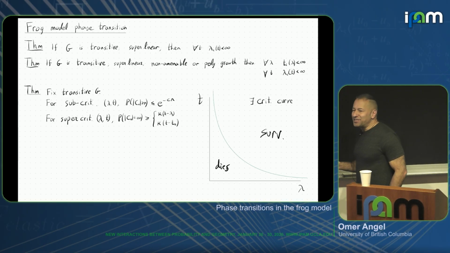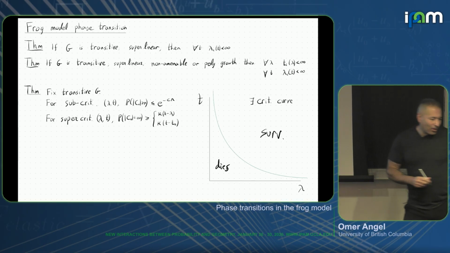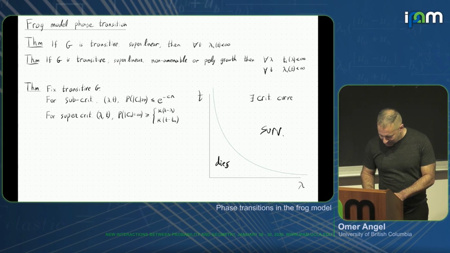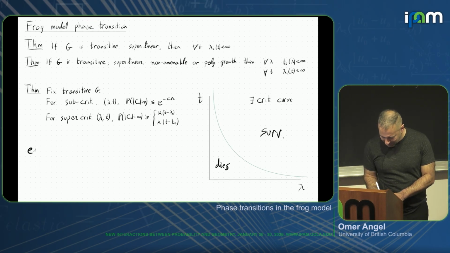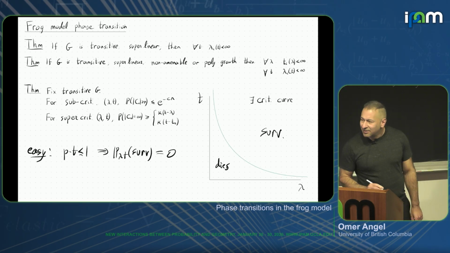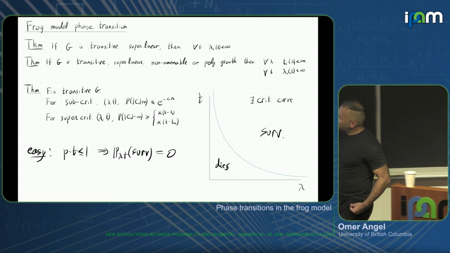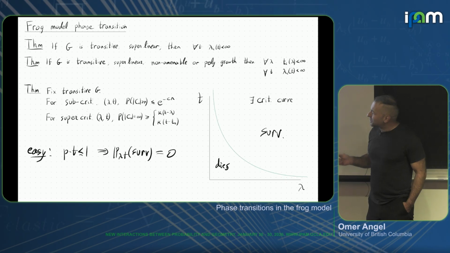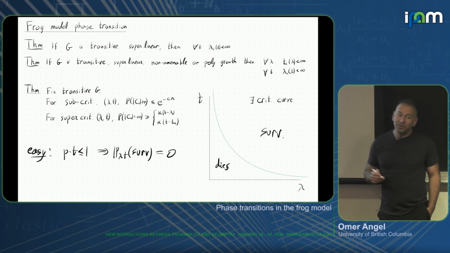Now, I should comment that the existence of the subcritical phase is much easier to see. That's the easy part: if lambda times t is less than 1, then the probability of survival is 0. So if you have this hyperbola lambda t equals 1, then below this hyperbola, the process dies out.